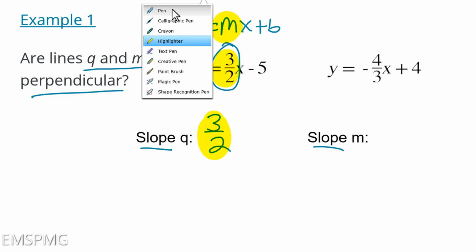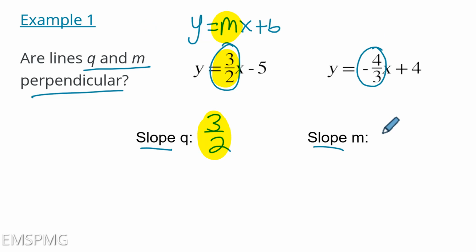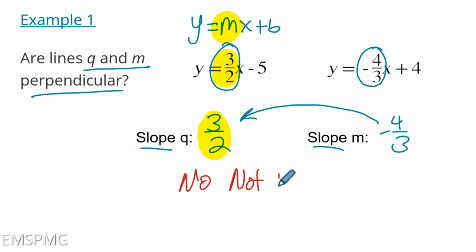And then over here we have -4/3. If we compare these two, we notice that they aren't opposite reciprocals, so no, not perpendicular. All right, does that make sense?